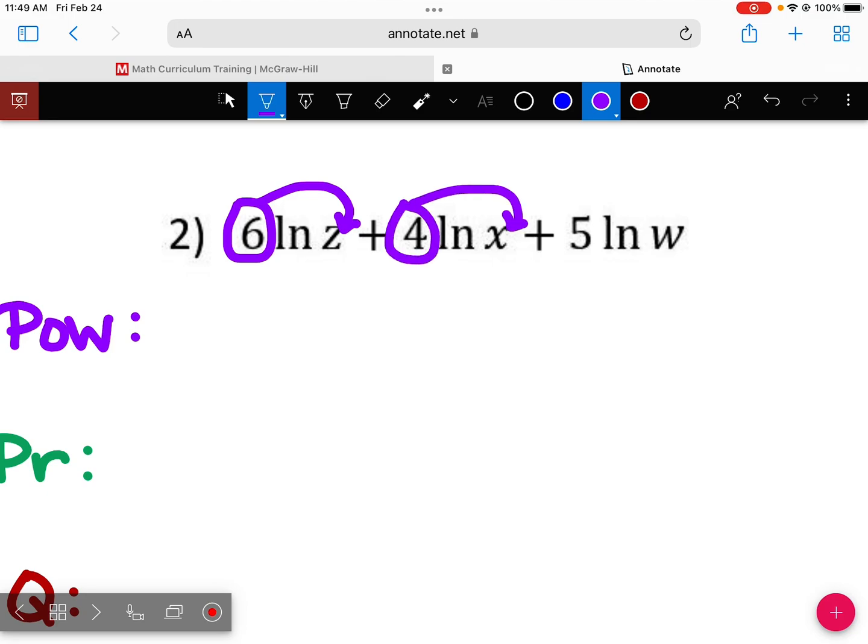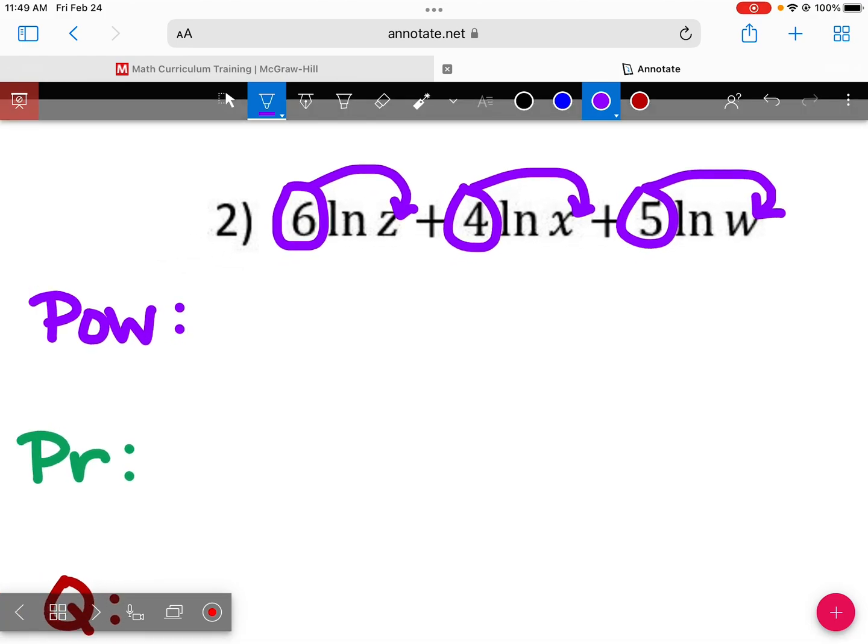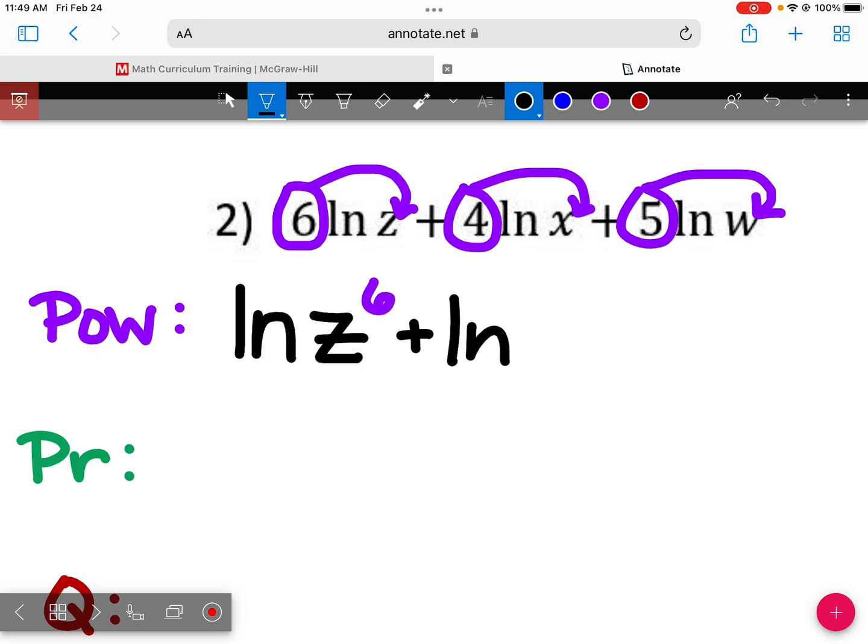So these are going to become exponents on the arguments behind them. So I'm going to have natural log of z to the 6th plus natural log of x to the 4th plus natural log of w to the 5th.